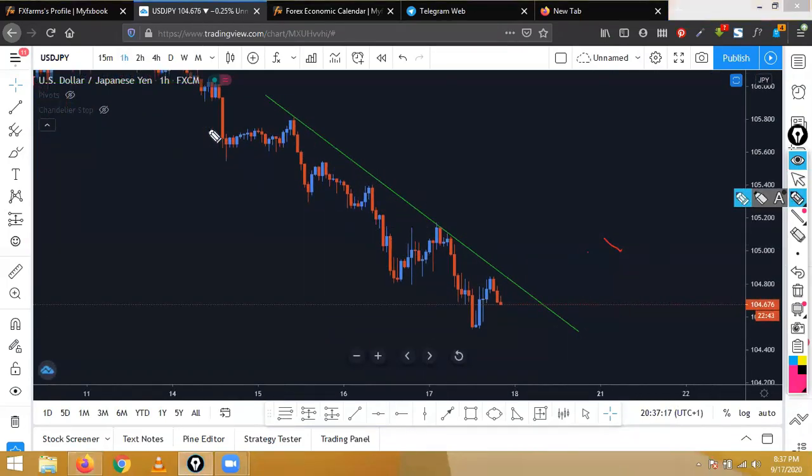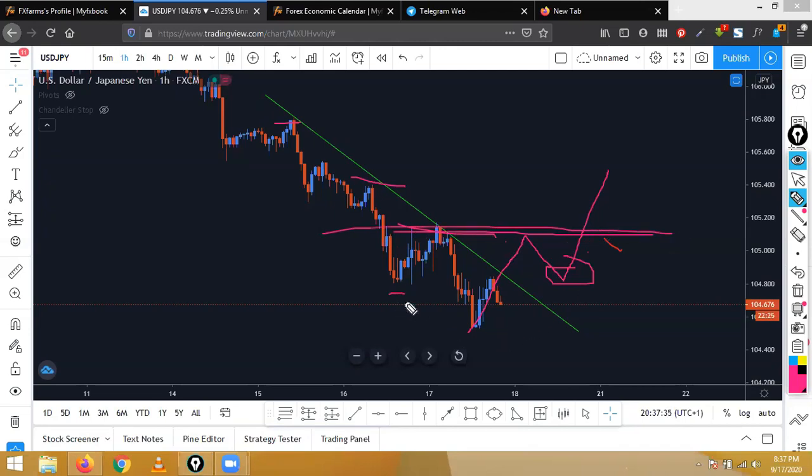When you see a break of structure of these lower highs, we want to see price break through, have a lower low, a higher low, then you buy from around here. And if it happens like this, you can also see an inverted head and shoulders here and here. So these are the ways I look out for to jump in.